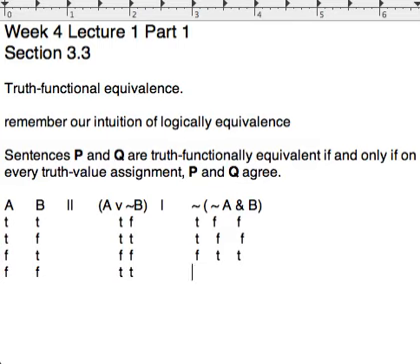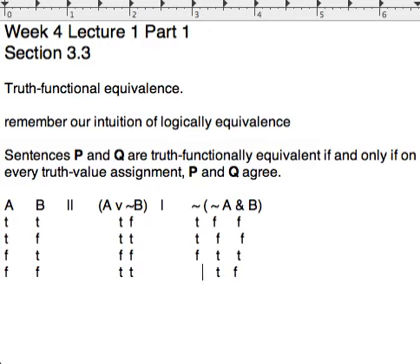And now we just need to consider this last case. So here, not A gets assigned true because on this truth value assignment, A is false. That means the conjunction gets assigned false because B on this truth value assignment is false, and the conjunction says that both conjuncts have to be true.